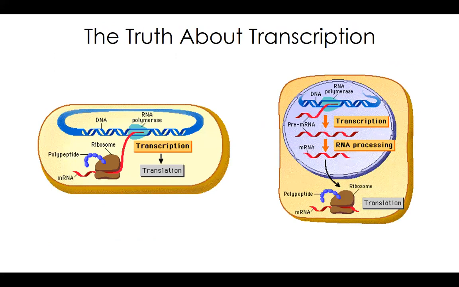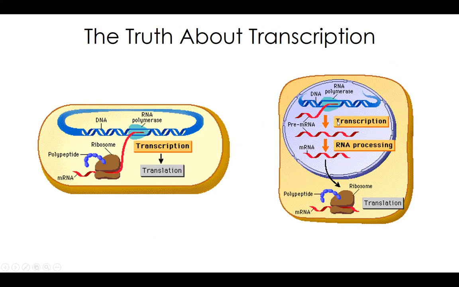So there are some things that you probably already learned about transcription and translation. So for some parts of this, we learned that prokaryotic cells don't have a nucleus, so transcription and translation occur simultaneously. Whereas in eukaryotic cells, this is going to occur in the nucleus.